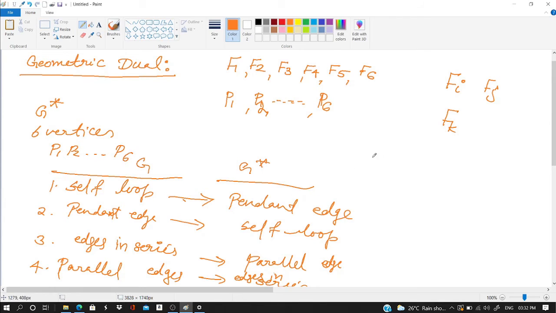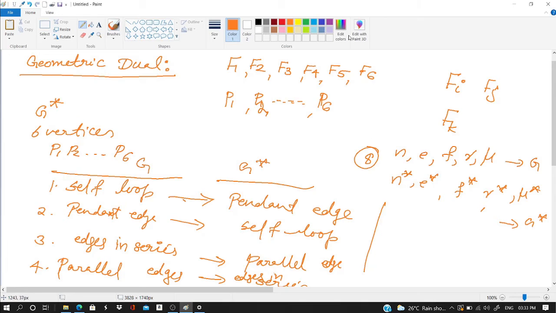Now, the eighth property: if N, E, F, R, mu represent the number of vertices, number of edges, number of regions, rank, and nullity of a connected planar graph G, and correspondingly there exist N star, E star, F star, R star and mu star for its dual G star, then what is the relation between these?